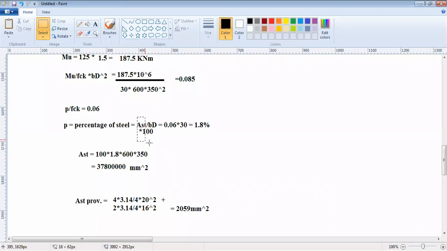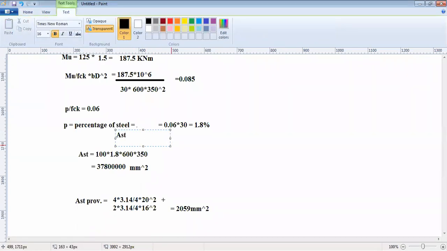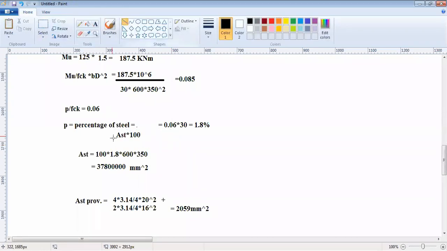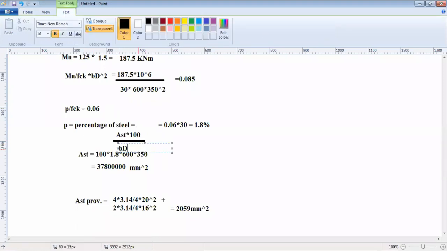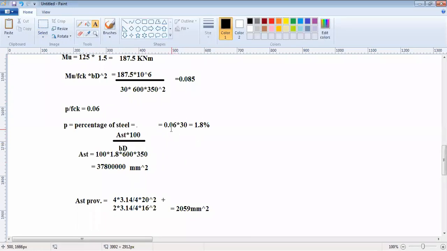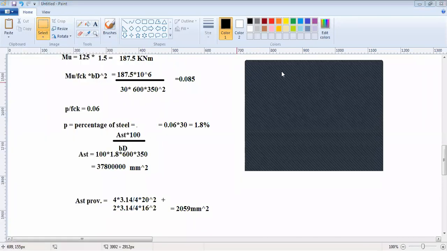This is Ast. Yes, here. This is Ast into 100, then you have to divide by bD. This is bD. So this comes out to be 0.06.